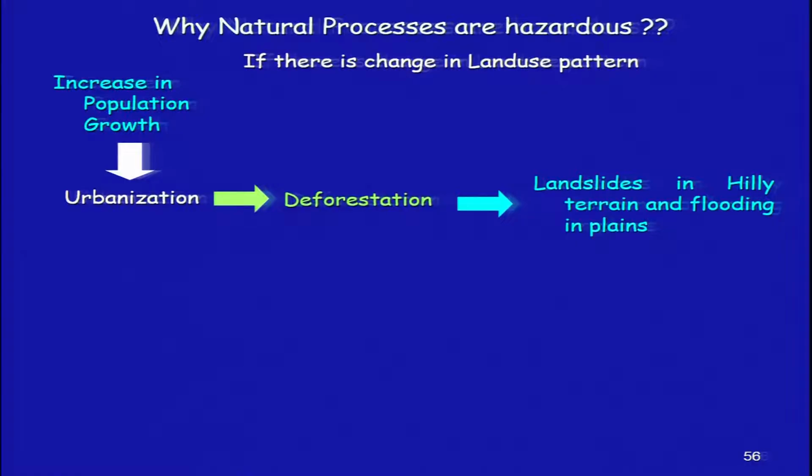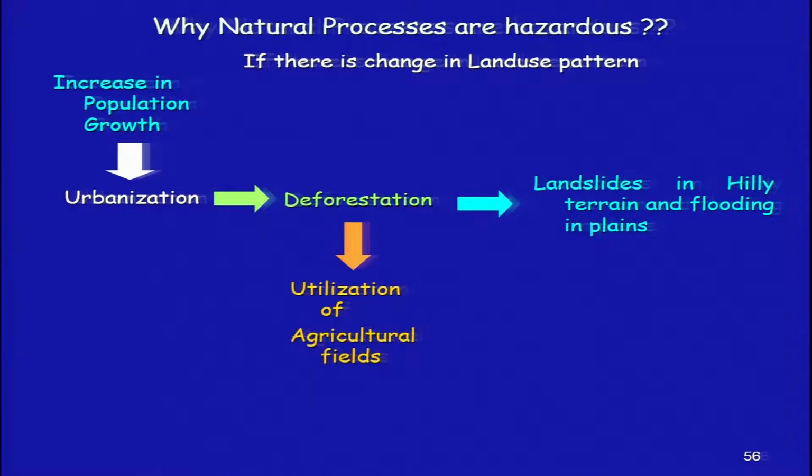So, landslides in hilly terrains and flooding in plains are the most commonly experienced hazards in every monsoon season in most of the areas which are prone to such hazards.